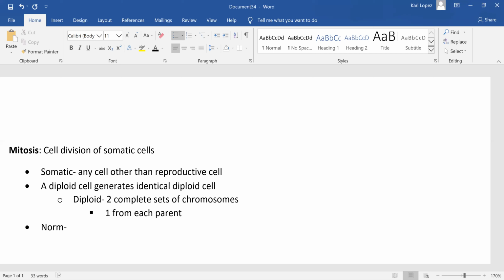And so normally no recombination takes place. And when we get into meiosis, where recombination is frequent, I will give you all the definition for that one as well.